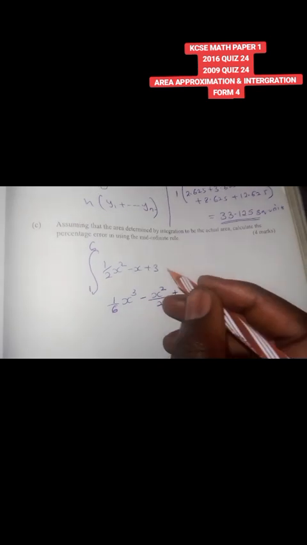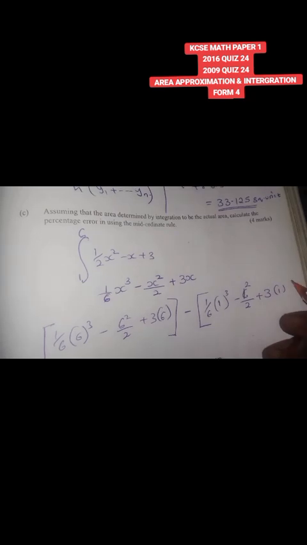You know the rule of integration. So here, it is x power 1, so it will be x squared, and I divide it by 2. Plus 3, so I'll have 3x, because it is x power 0, now it becomes x power 1. Therefore, I'm going to substitute: 1/6 into 6 cubed minus 6 squared over 2 plus 3 into 6, the first value.